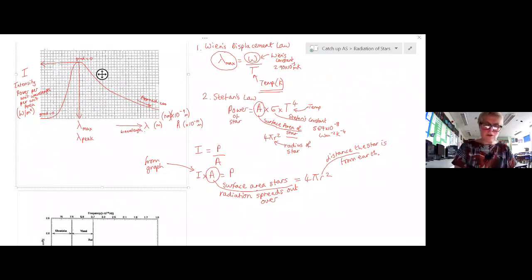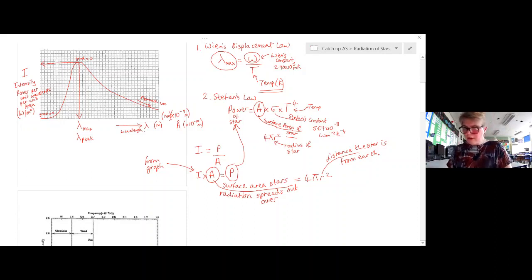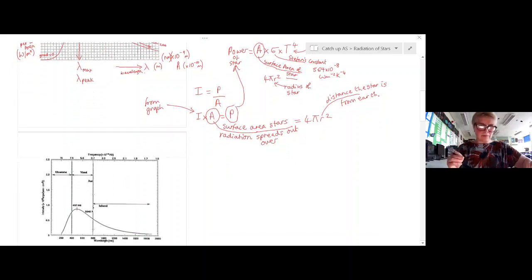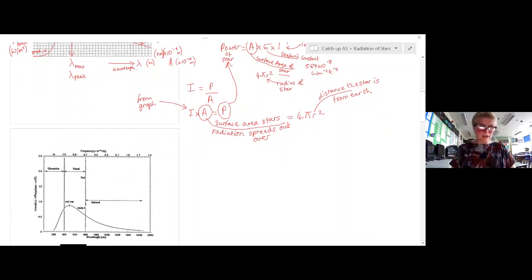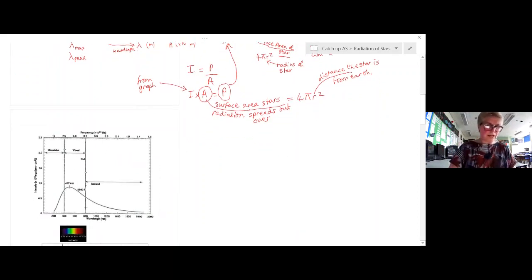Then we can use Stefan's law, substitute into here, and manipulate this equation to give us the surface area and then ultimately the size of the star. Okay, I'll come back to that and give you a little bit of time to take that in, and hopefully I'll show it a little bit more clearly.